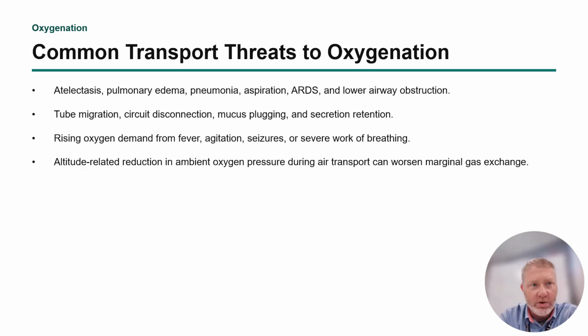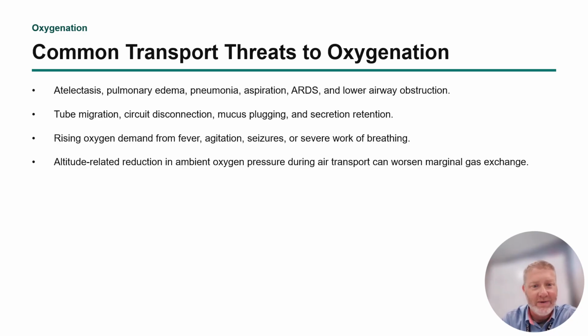In transport, a number of things can erode a patient's oxygen reserve. Atelectasis, pulmonary edema, pneumonia, aspiration risk, ARDS, those can all worsen with position changes, loss of PEEP, altitude changes, things of that nature. As far as the circuit, the equipment and the tubing go, tube migration can have a big impact.